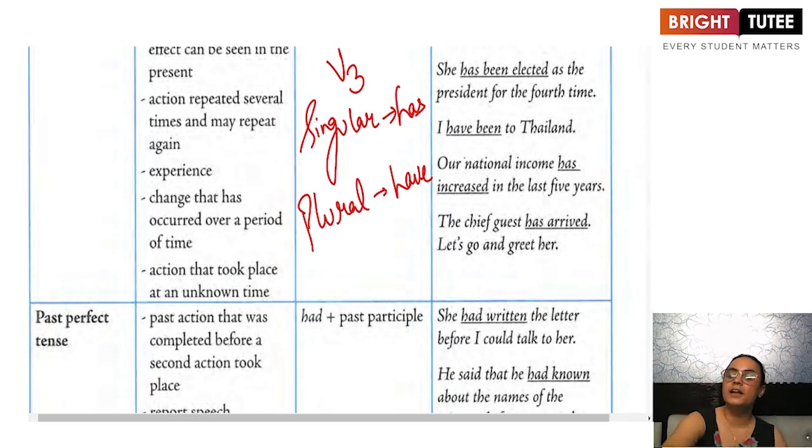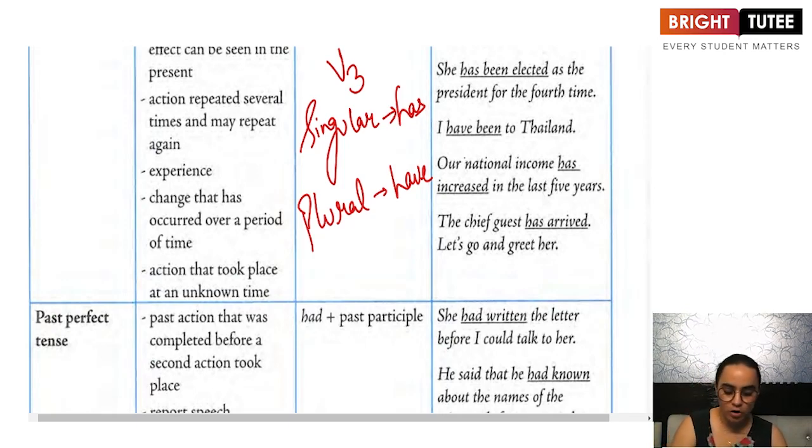So, something that took place in the past and is still continuing. He has gone to Thailand several times, or he has visited Thailand several times. So, the action which is repeated several times, we use the present perfect tense.